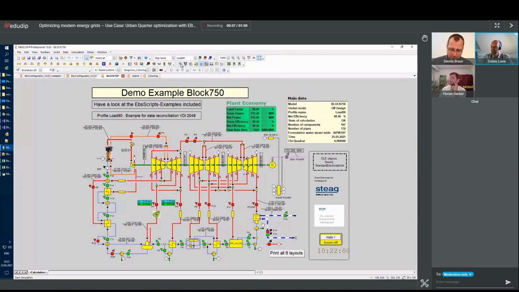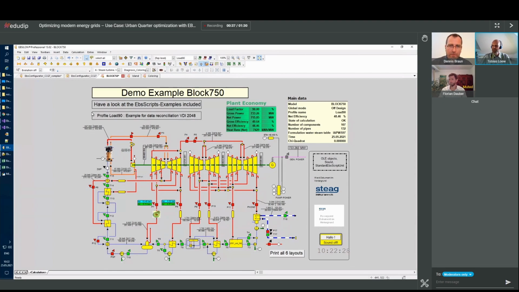And now I can drive this model at 90% of load, and I get a reduced power output. Okay, we see 733 megawatts only. Yeah, and that's roughly a model to play around with.